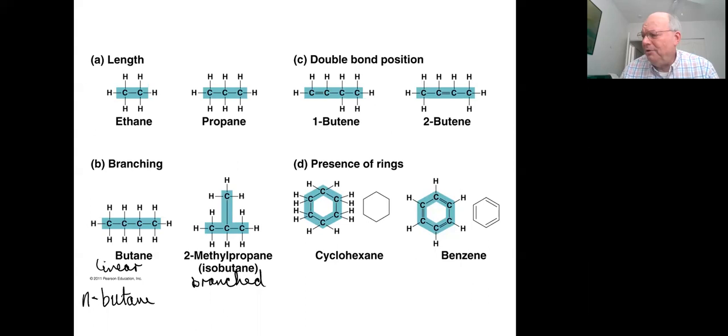And so in the case of the naming convention for these branch molecules, the first thing that you have to do is decide what is the longest linear chain of carbons, and the longest linear chain that we can find here is 3 carbons long.